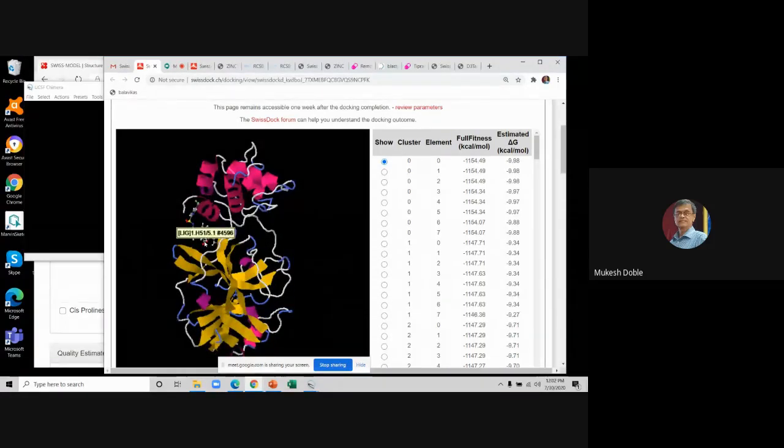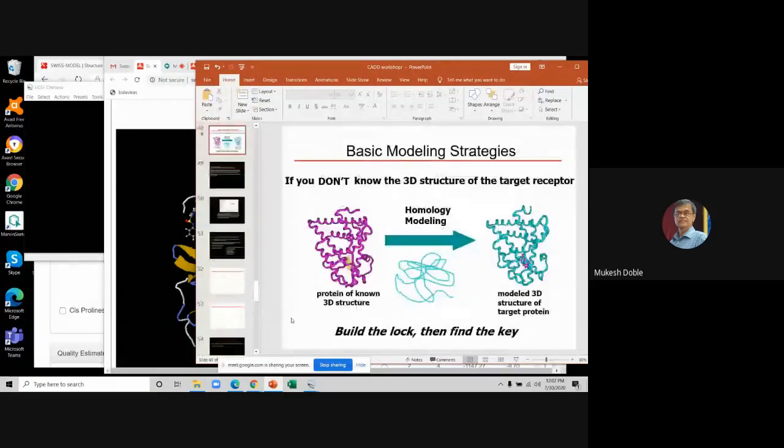Okay, so with that, we complete this computer-aided drug design workshop, which we have been doing for the past 4 days.